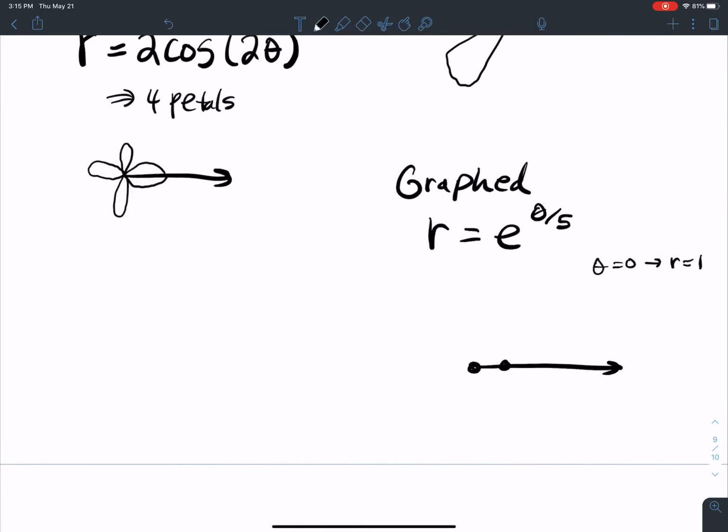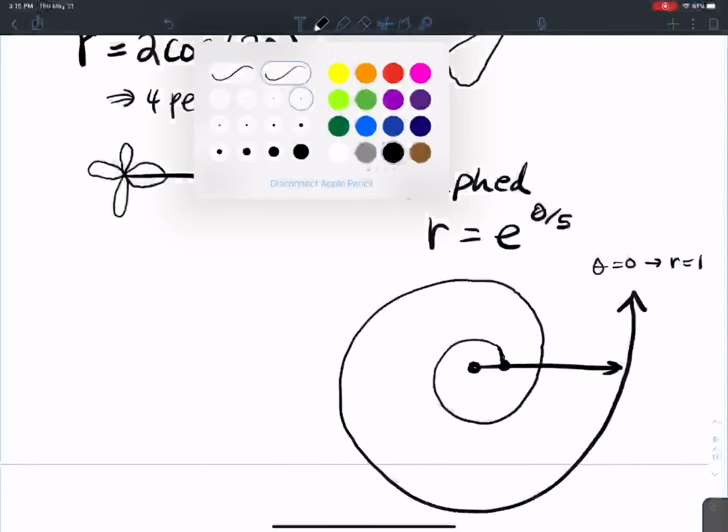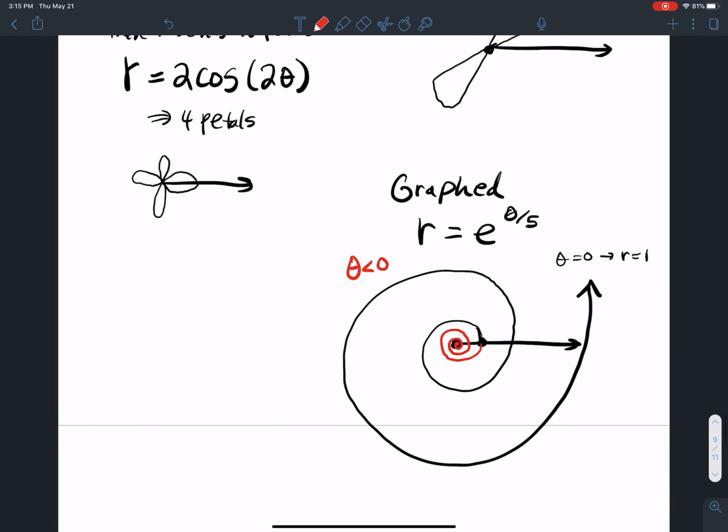And as I increase theta, the curve gets further and further away. And it just keeps spiraling outward. Okay? If you do negative theta, so theta less than 0, it's actually going to pull it inward to like a little black hole. So that's the graph of that one right there.